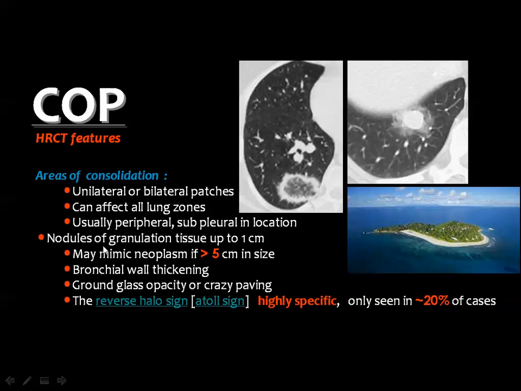Sometimes the lesions are more than 1 centimeter and may reach up to 5 centimeters, simulating a neoplasm. Then you may get bronchial wall thickening and ground glass opacities or even the crazy paving appearance. The reverse of halo sign or atoll sign is highly specific for cryptogenic organizing pneumonia. However, it is seen only in 20% of the cases.